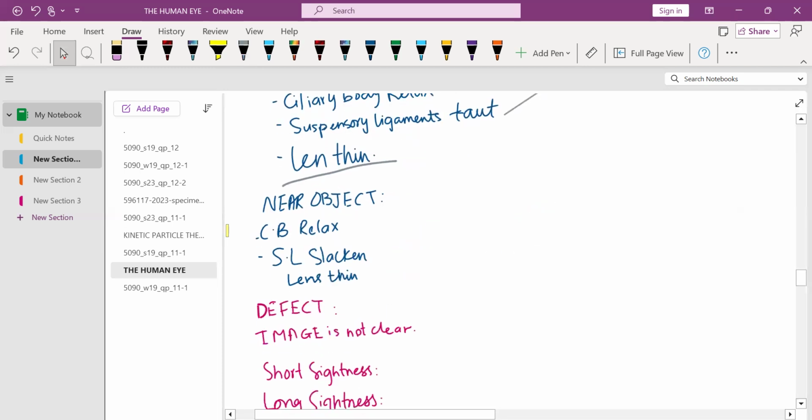However, when the object is near, the ciliary body contracts, the lens becomes slackened, meaning thick.